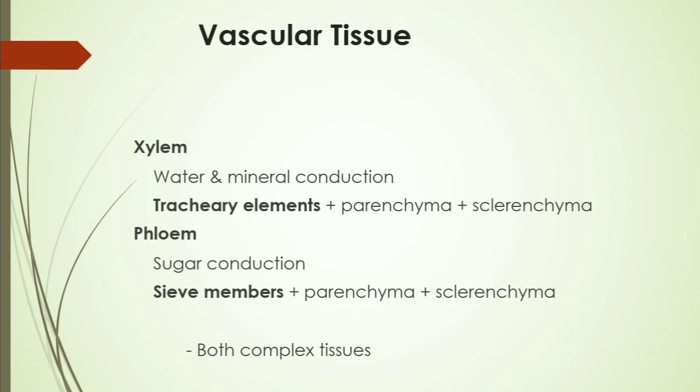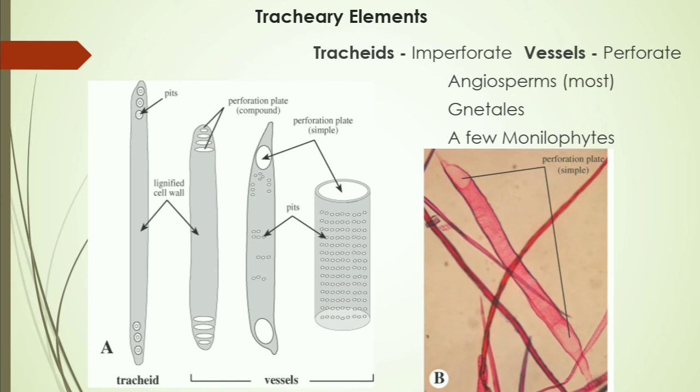It is composed of tracheary elements like tracheids, vessels, and parenchyma, sclerenchyma. Phloem is composed of sieve members, that is sieve tube cells, companion cells, parenchyma, sclerenchyma, and is mainly responsible for conduction of sugar. And both are complex tissues.